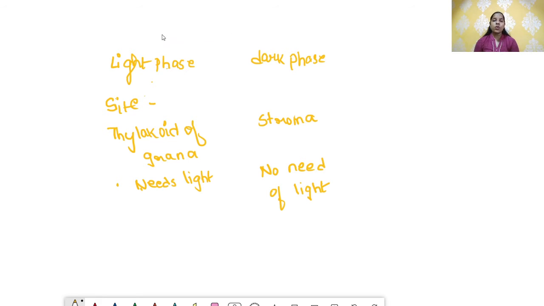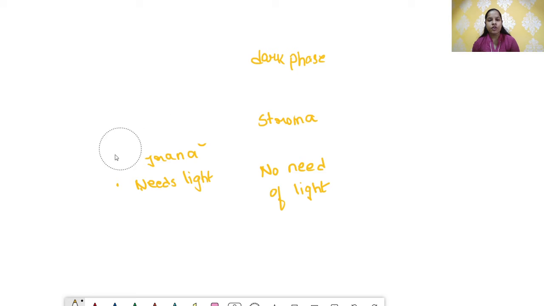Now we are going to discuss the steps of what happens in the light phase. The light phase mainly begins with the activation of the chlorophyll, which we have seen is present in the chloroplast, and the activation of chlorophyll will initiate the rest of the steps in the light phase.